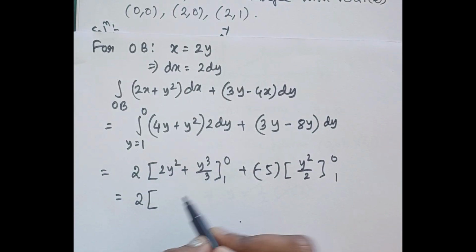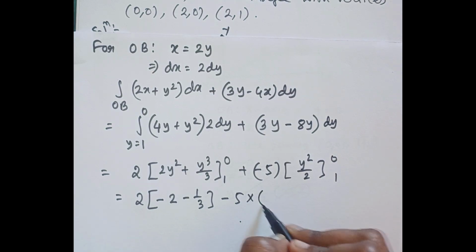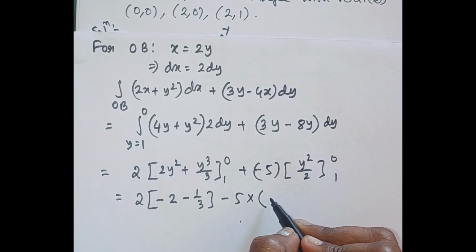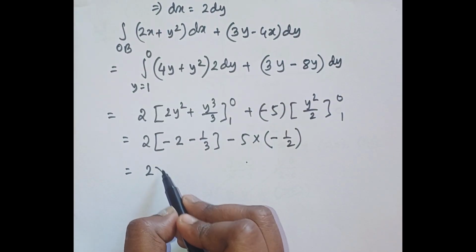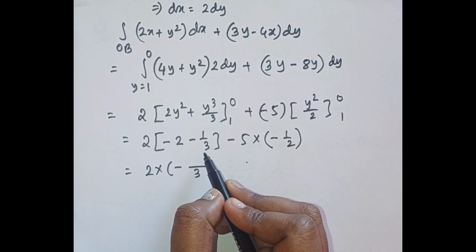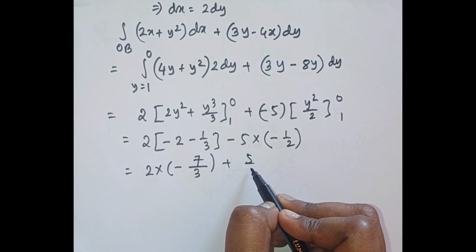If we put 0, then it will be 0, then minus 2, minus 1 by 3, minus 5 into minus 1 by 2. Hence simplifying, 2 into minus 7 by 3 plus 5 by 2.